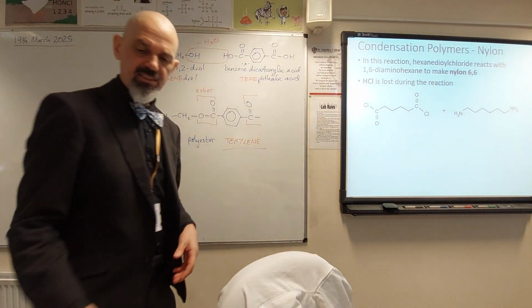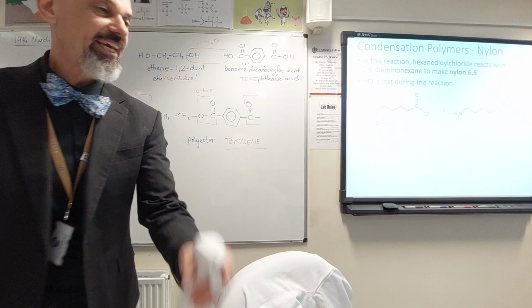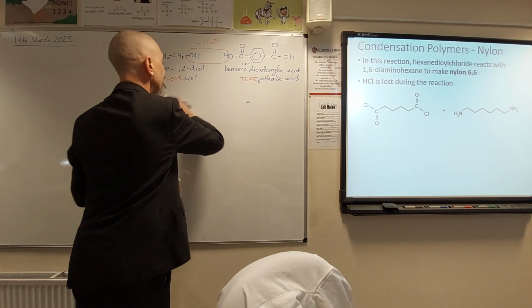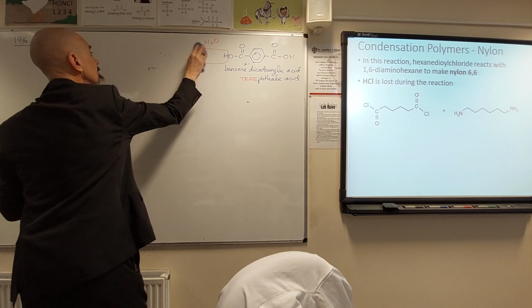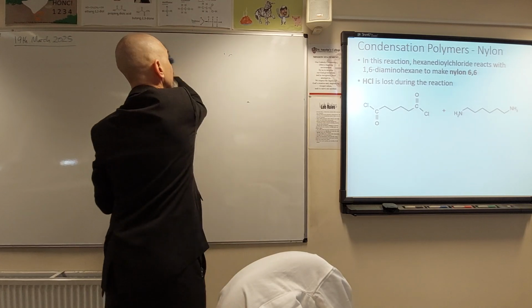The last thing I want to look at is the polyamides. So polyamides are made from amines. I was going to get you to name these, but the names are on the screen.